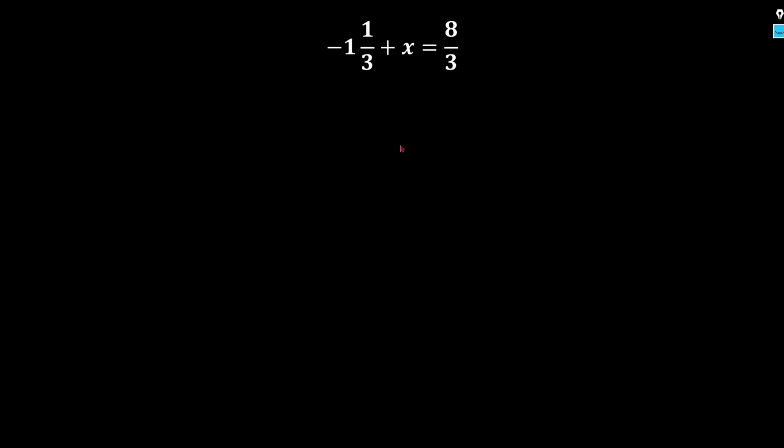Next. Here. Diba? We have negative 1 and 1/3 plus x equals 8 over 3. Okay? So let's try this. Again, no? If you notice, ano ang gusto kong tanggalin dito na denominator? That is 3. No? Now for others, they would rather deal with improper fractions than mixed numbers, no, when they're performing operations.